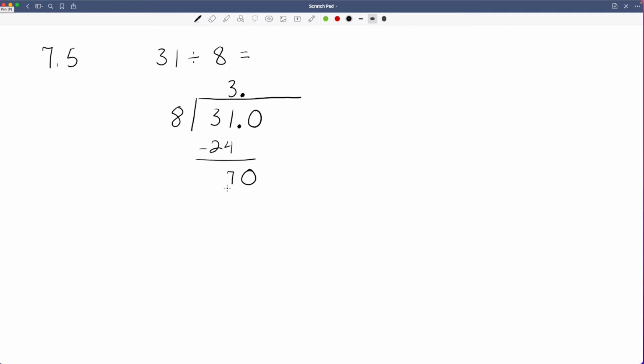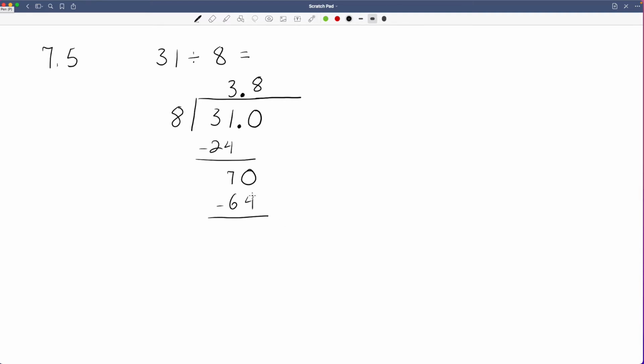That would be 7 times. Is that right? I know 8 times 8 is 64. So 8 times 8 is 64. See, even the teacher has to think about our multiplication table sometimes.